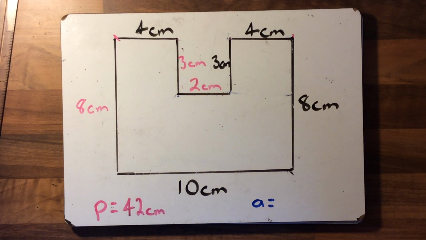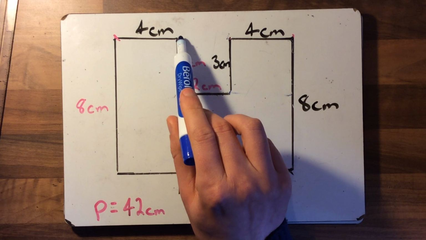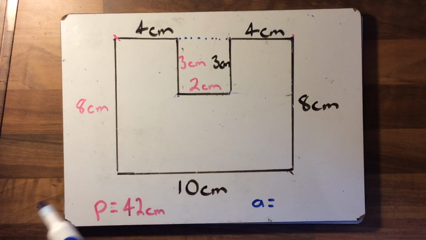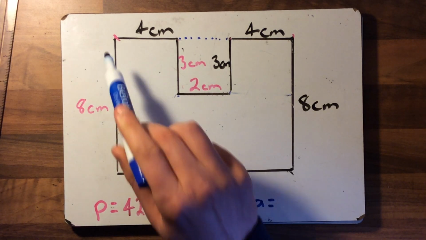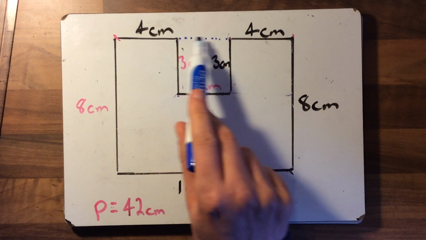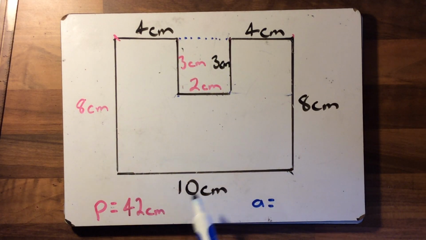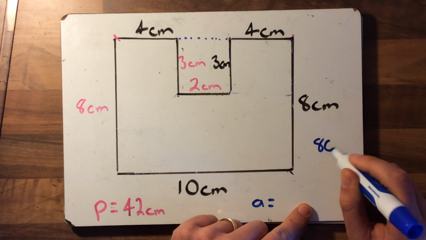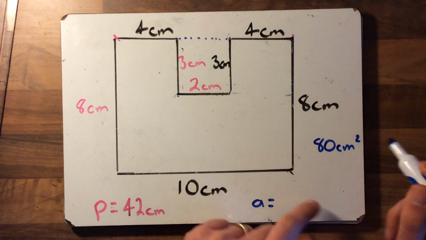Now the area is trickier. So let's first of all look at this method that I talked about here by creating one big rectangle. Now the big rectangle here, if this was a big rectangular shape and this bit wasn't here, would be 10 times by 8, which would be 80 centimetres squared.